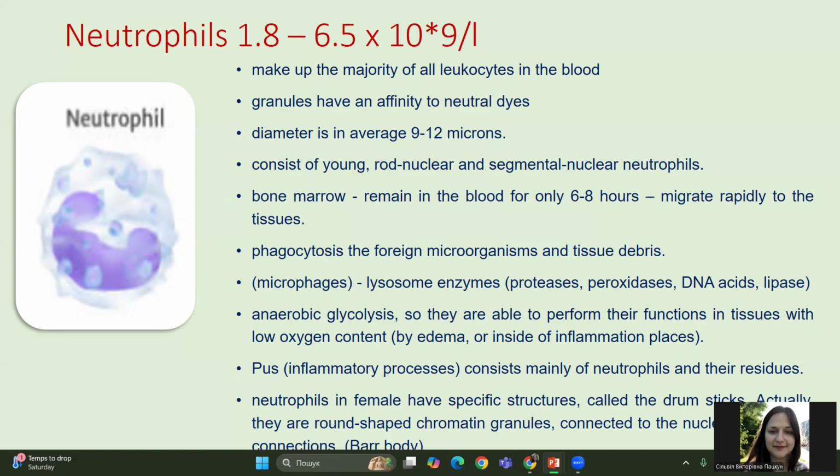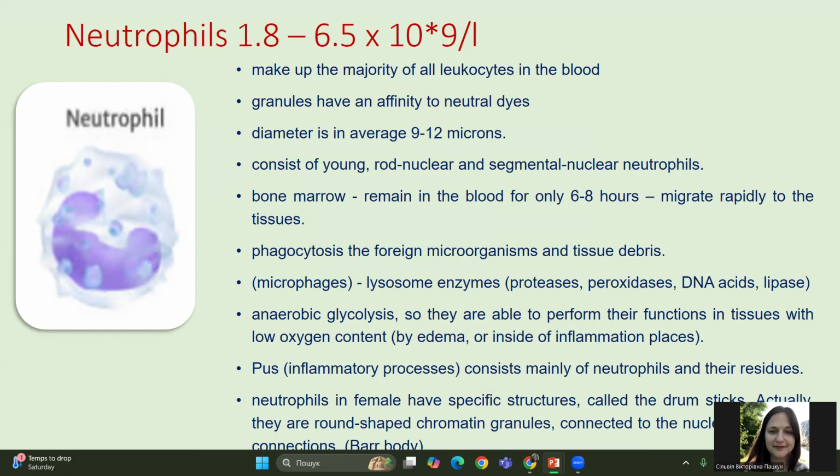They consist of young, rod nuclear and segmental nuclear neutrophils. They are formed in bone marrow, then remain in blood for only 6 to 8 hours and migrate rapidly to the tissues. Phagocytosis of foreign microorganisms and tissue debris is the main function, so they are called microphages.